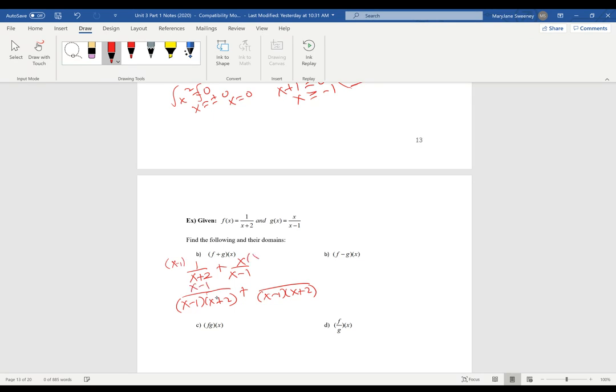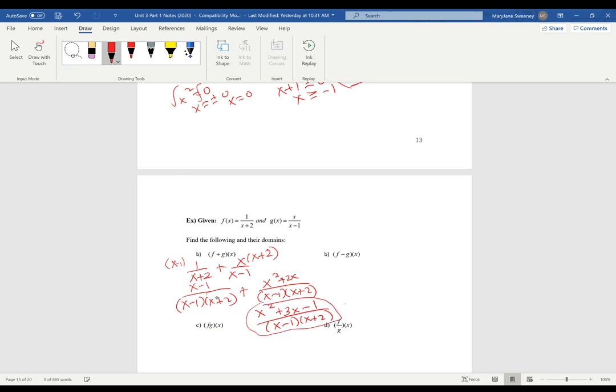This has the x minus 1, it needs the x plus 2. So this would be x squared plus 3x minus 1 over x minus 1, x plus 2. So that type of thing. You could actually simplify this a little more. That's all that's showing.